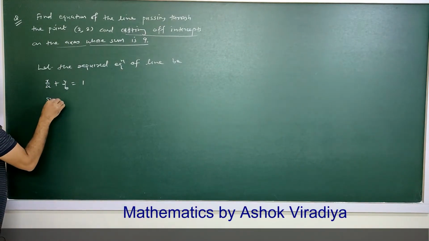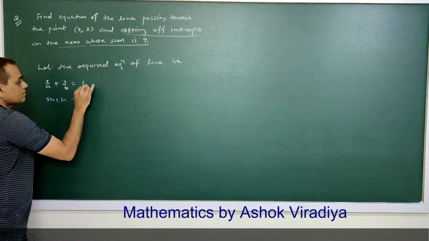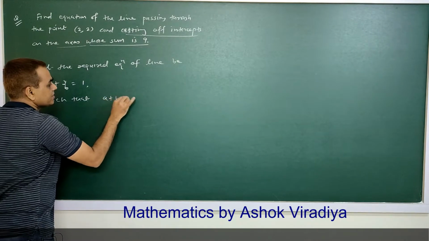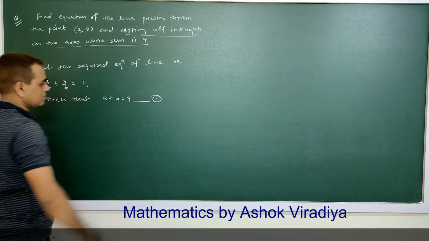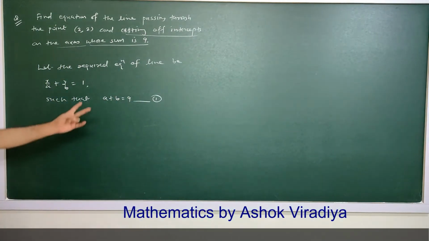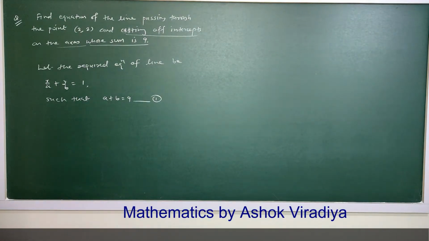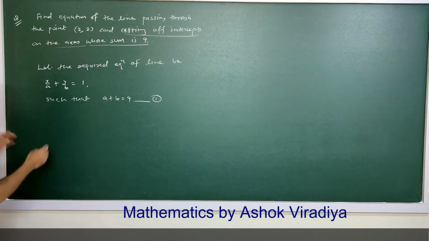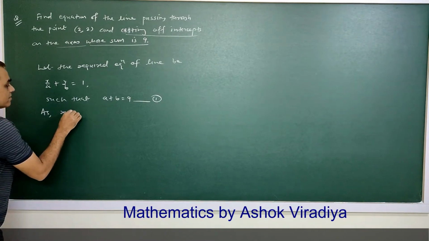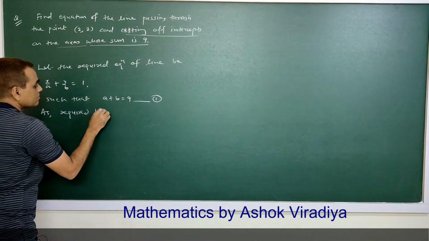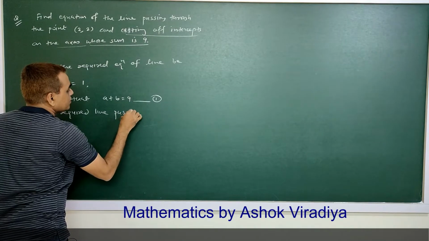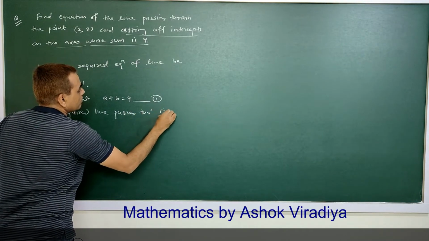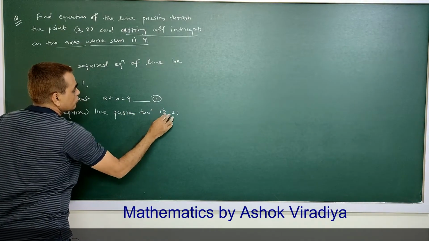So such that the sum of the intercepts is 9. So this is a relation between the x intercept and y intercept. Now we are also given that this line is passing through the point (2, 2).